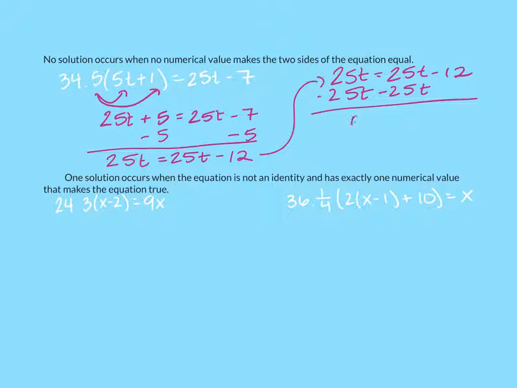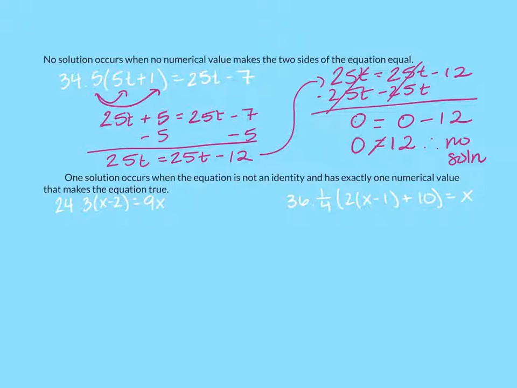When I do this, the 25t on the left-hand side cancels out and becomes 0, and the 25t on the right-hand side cancels out and becomes 0. So now I have 0 equals 12. However, 0 can never equal 12, no matter what I plug in, so therefore there must be no solution.